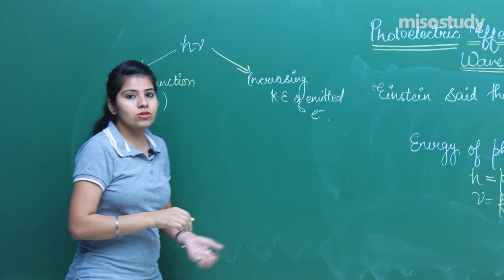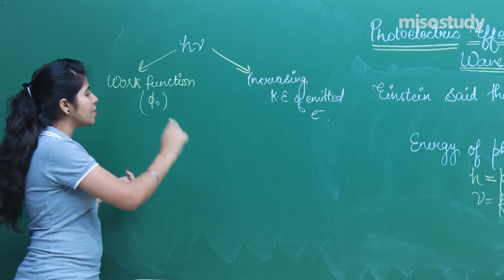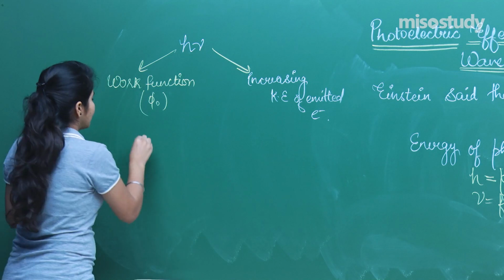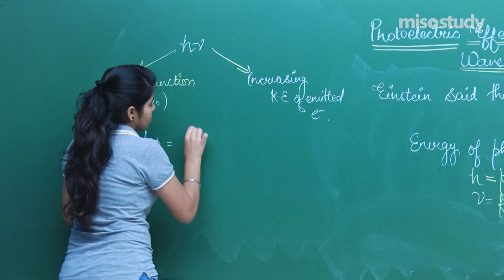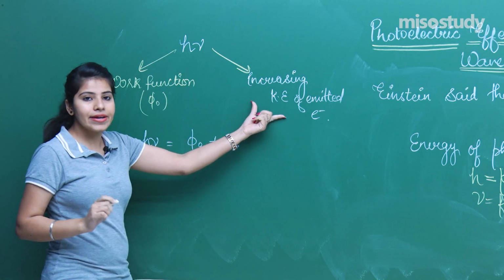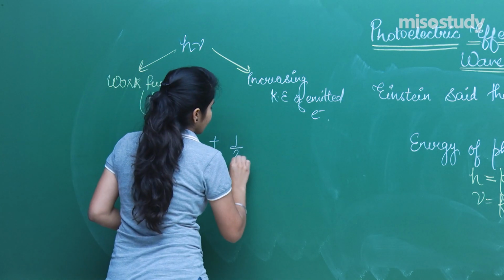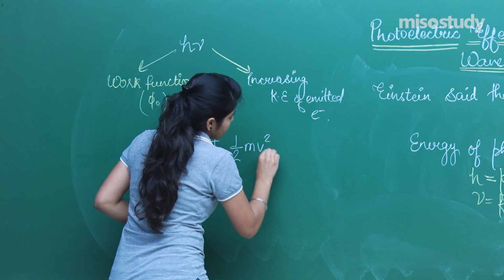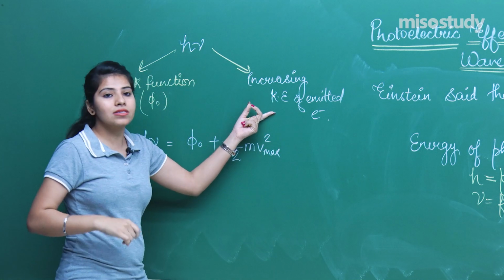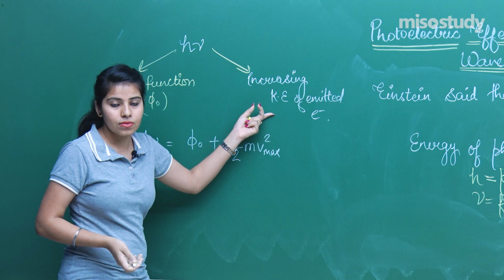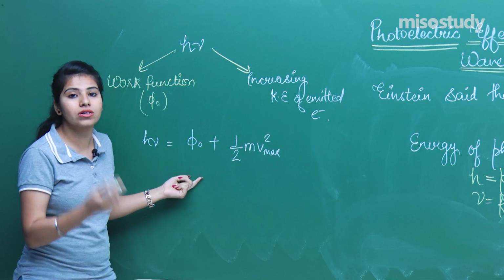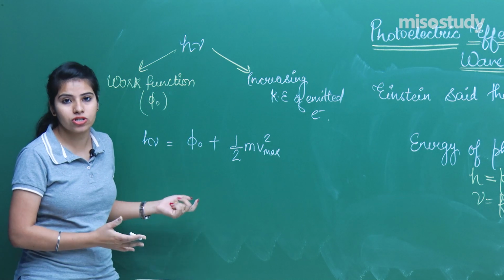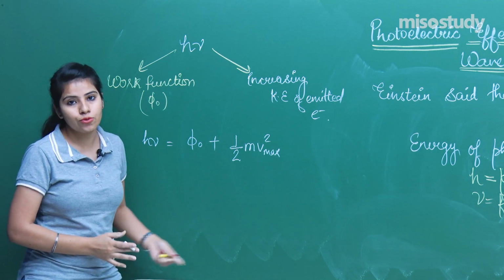So we can represent this energy in equation form as h nu equals phi naught plus the kinetic energy, that means half mv square max, because this is the maximum kinetic energy. This equation is termed Einstein's photoelectric equation.